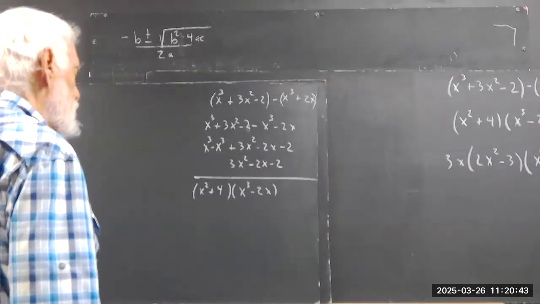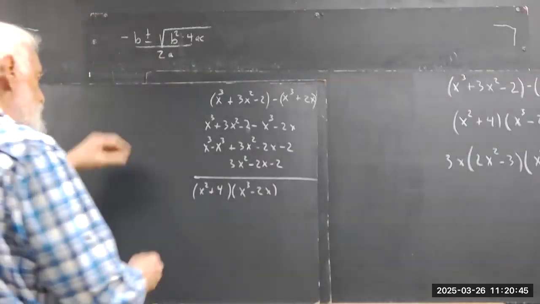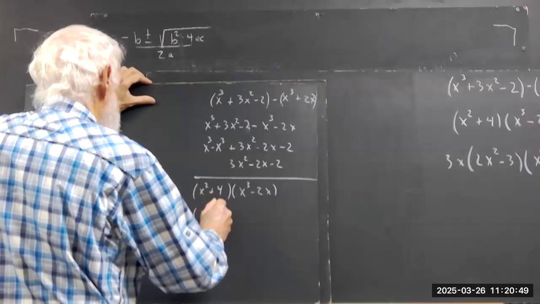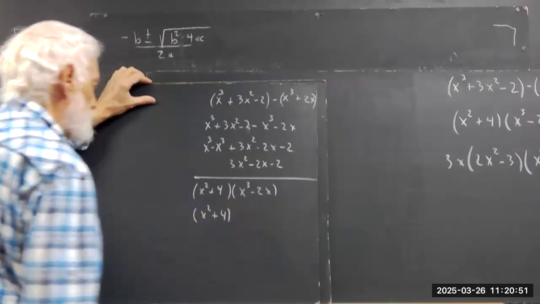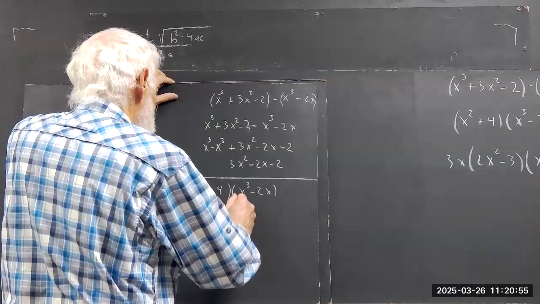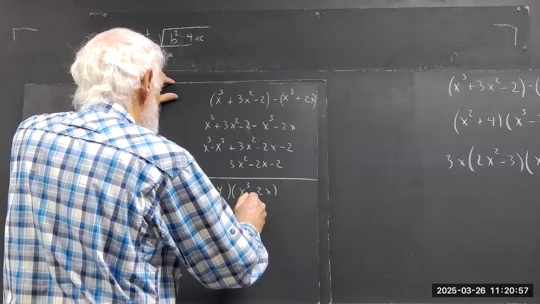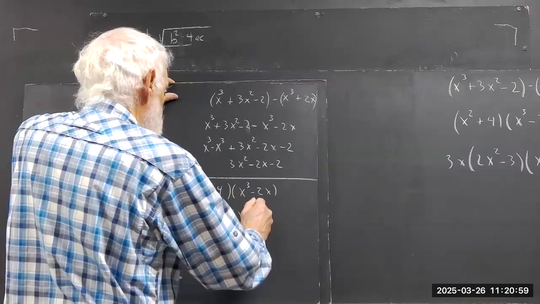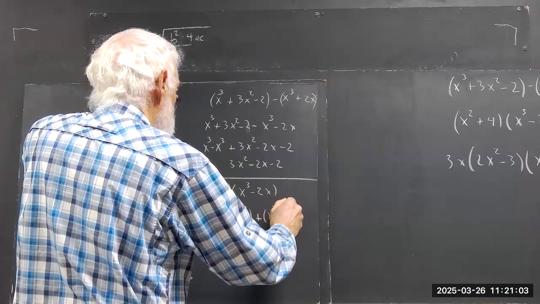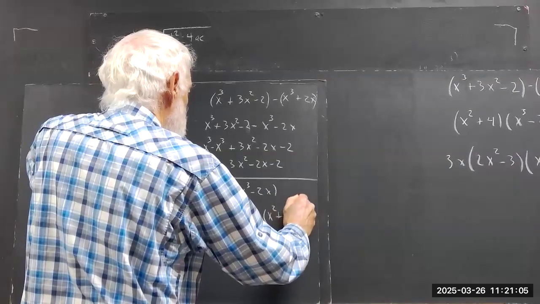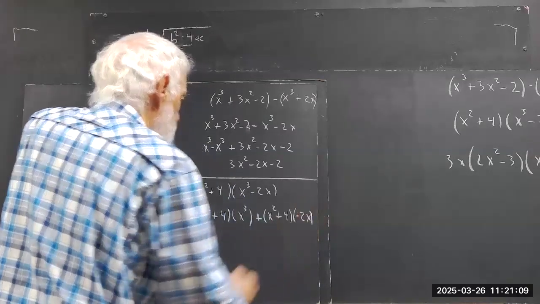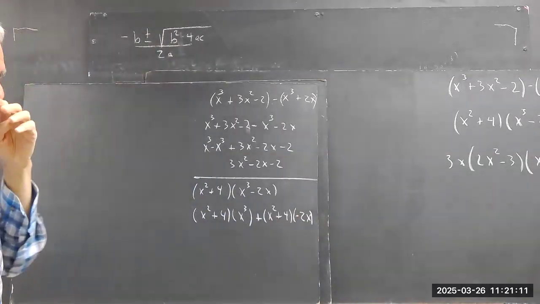Now, there are a couple of ways this can be done, but the way that's closest to the way you saw me do it is we're going to say, well, that's x squared plus 4 multiplied by x cubed, and then plus x squared plus 4 multiplied by minus 2x.